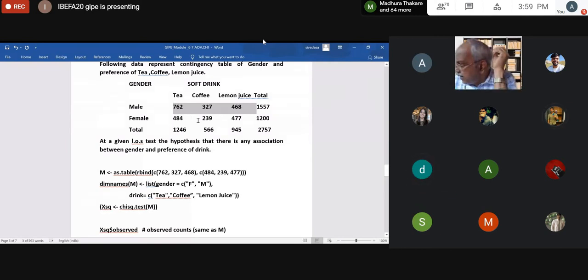All of you agree? Yes, sir. And that number is based on this sample of 2757. Suppose if I increase this to 5000, will the probability remain the same? I don't know. Correct, na? Therefore, if there is a variation from sample to sample, with probability for each combination of cells equal or different, I cannot apply ANOVA.